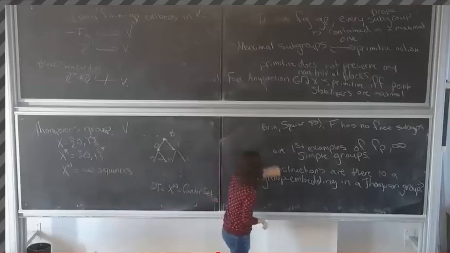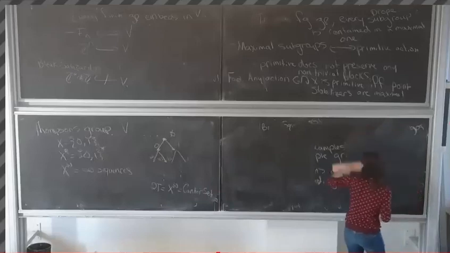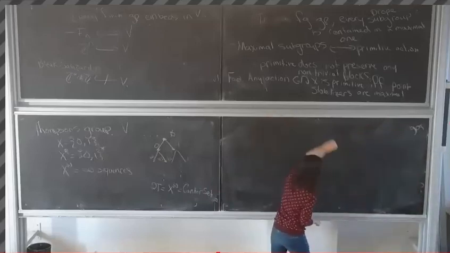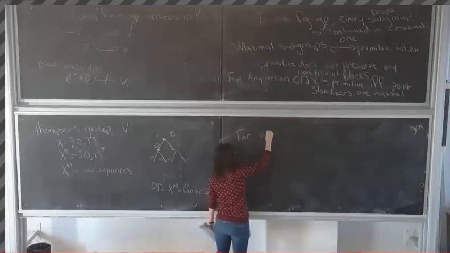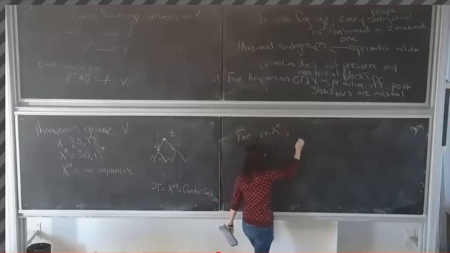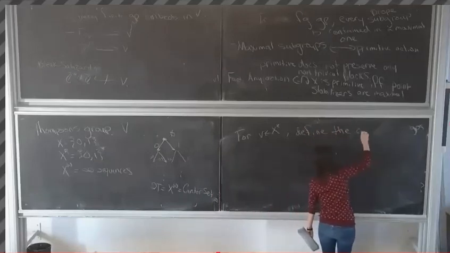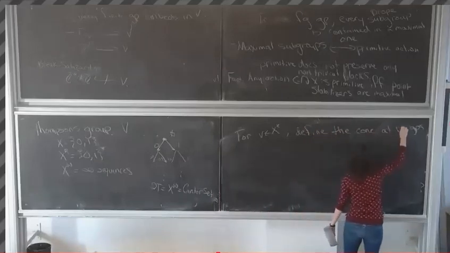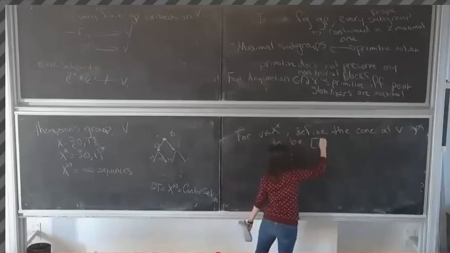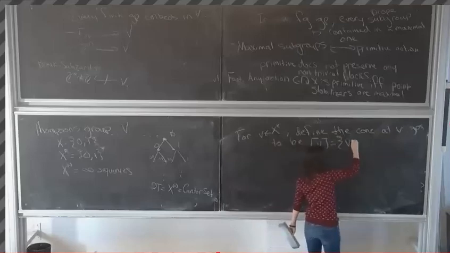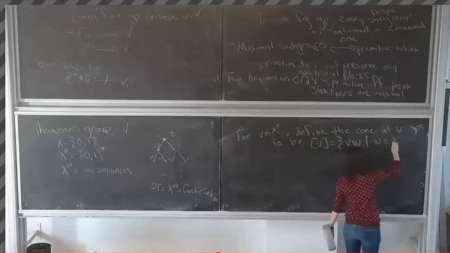All right, so to define V, let me define first what we call cones. For some vertex v in my tree, we'll define cone v to be the set of infinite sequences vw, where w is in X omega.